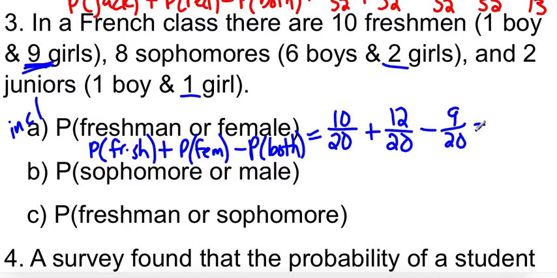So we get 22 minus 9, which is 13. 13/20, let's see, as a percent, that's going to be times 5. 65%. Can I get that in there?